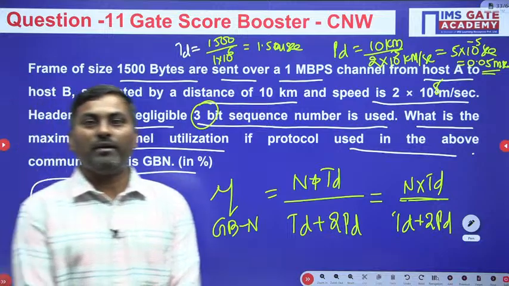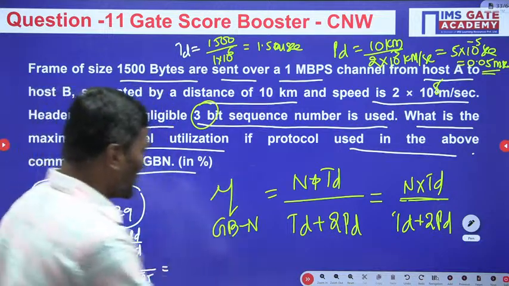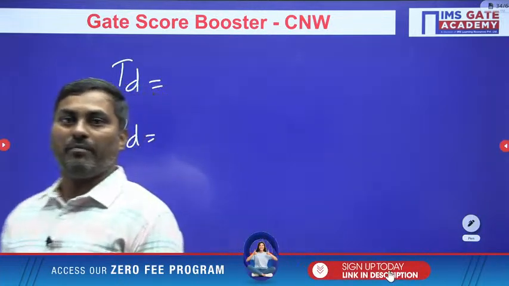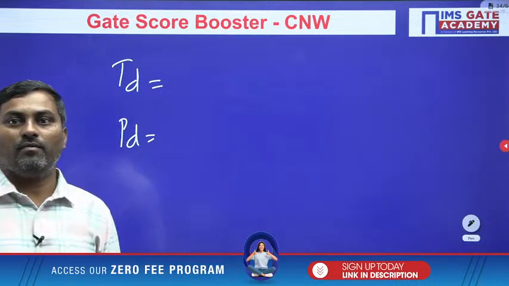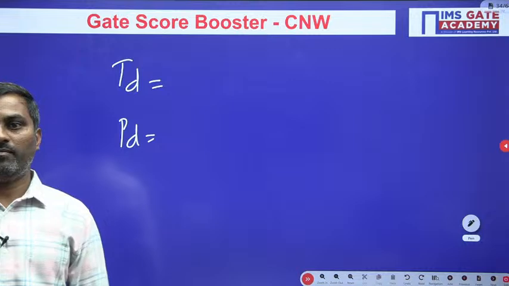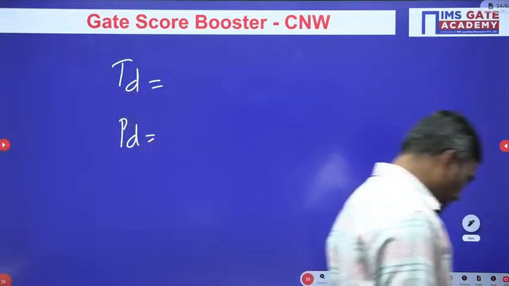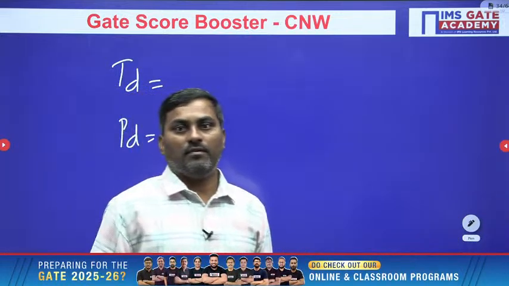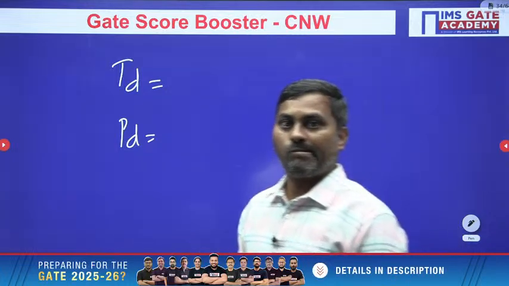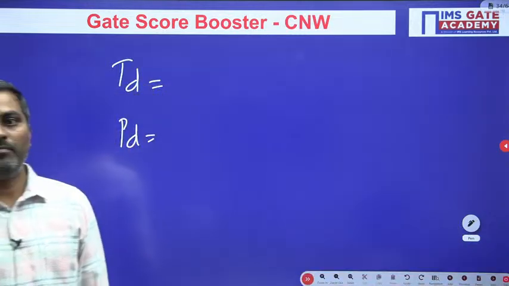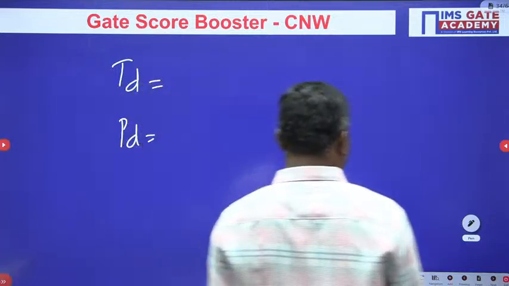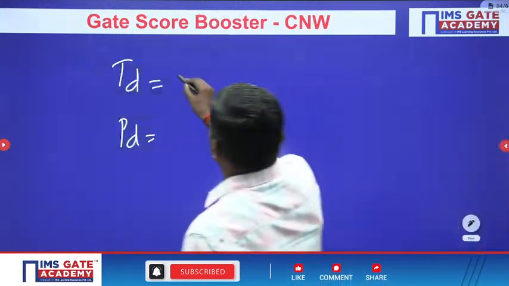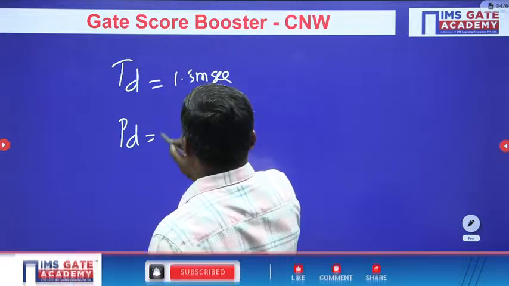Is it still buffering? Okay, you tell me these values, transmission delay and propagation delay, JP and Pardasarathi. So 1.5 milliseconds we got, and the propagation delay.